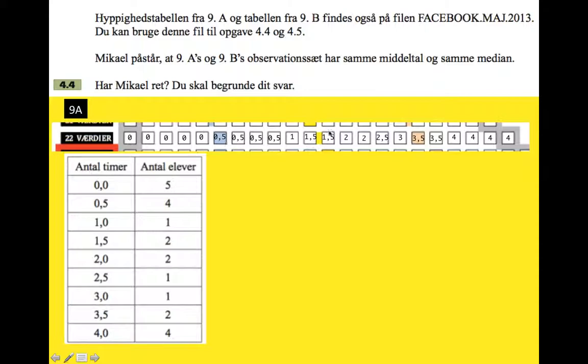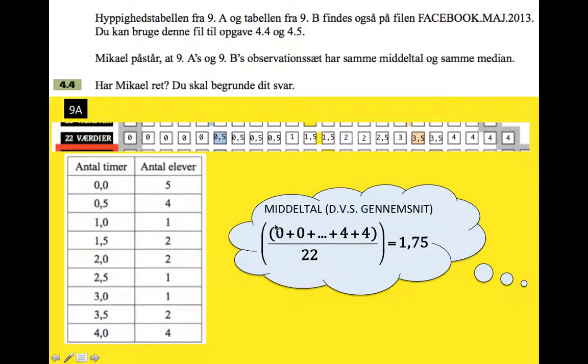Then the quartiles you can also be seen, and then the upper and lower values. The average, or the mean average, otherwise known as gennemsnit or middeltal, that's the one where you add them up and divide by how many there are, and that comes to 1.75. So just adding them up and dividing by 22.